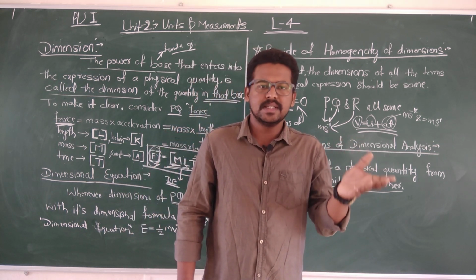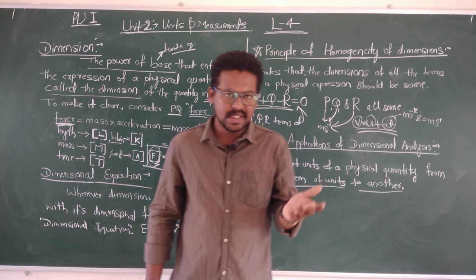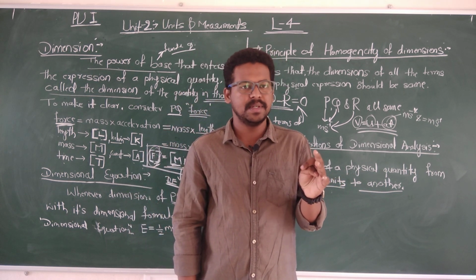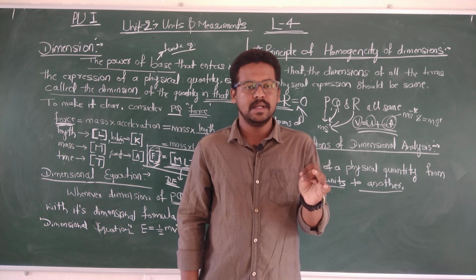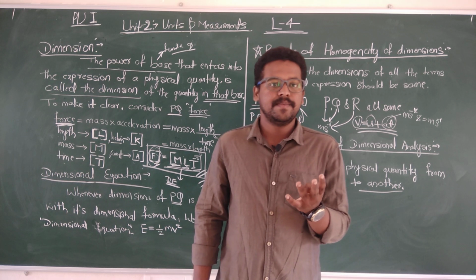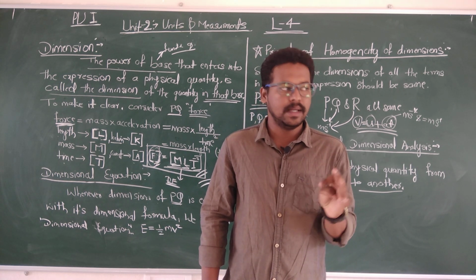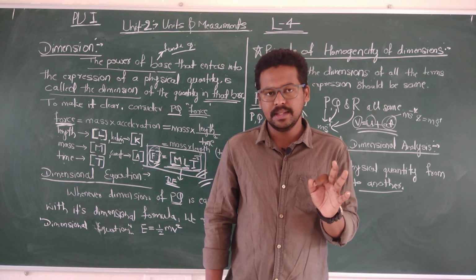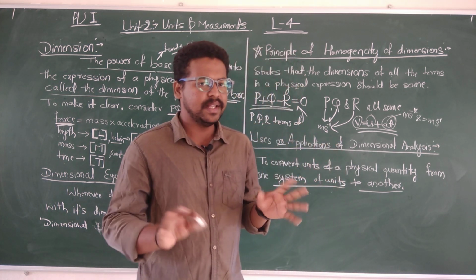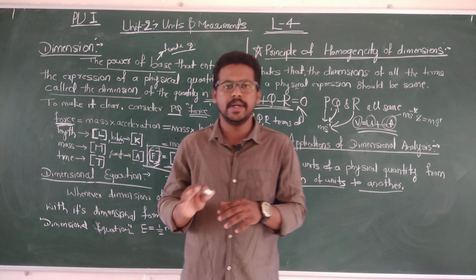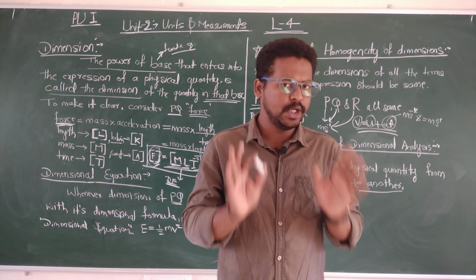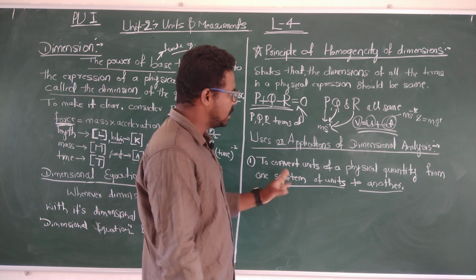In the CGS system, length is measured in centimeter, mass in gram, and time in second. In the SI system, length is measured in meter, mass in kg, and time in second. So there is a difference in value. The units of the different systems are not equal.